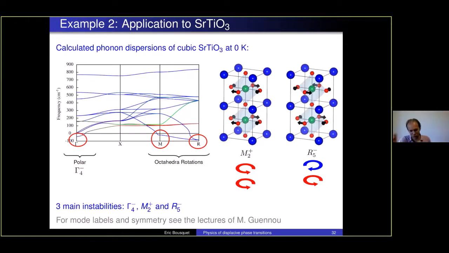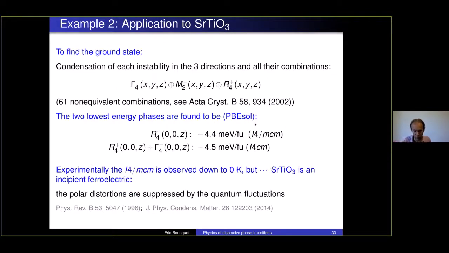Okay, okay, so then I'm going to go quickly. That's why I'm often speaking too much. But anyway, for strontium titanate, you have the same type of thing. You do the phonon dispersion and you identify new instabilities on top of the polar one that correspond to the octahedral rotations. Again, you condense the phonon modes in different combinations and so on.